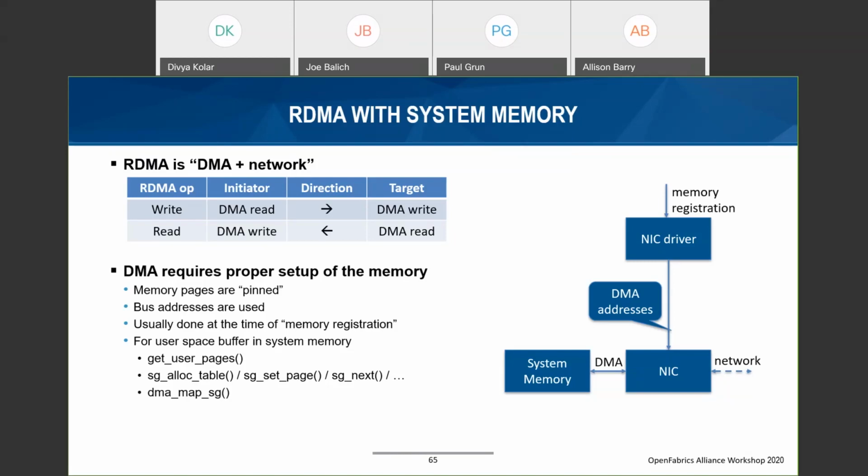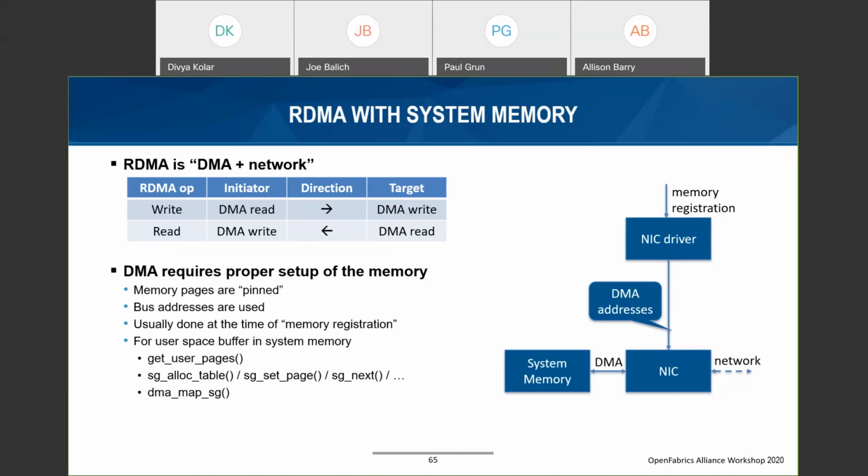The NIC driver will provide all the information needed to do the address translation, providing the DMA addresses as a list to the NIC. The NIC will save those internally in something like a memory translation table.